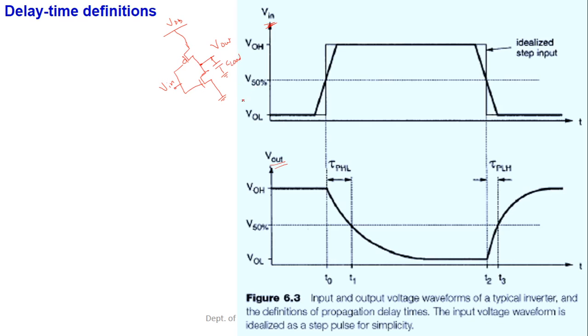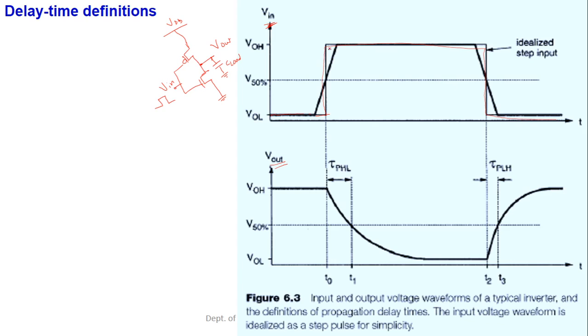First let us look at the input signal. We had assumed that at the input side we are providing a pulse signal, an ideal pulse signal. This part goes perpendicularly straight up, then comes here, then comes down. This represents the ideal pulse.